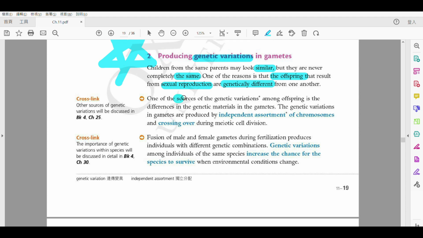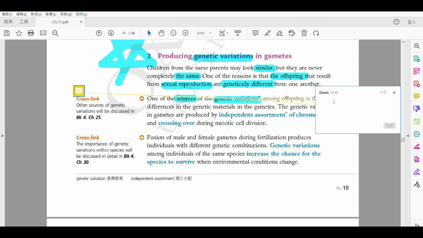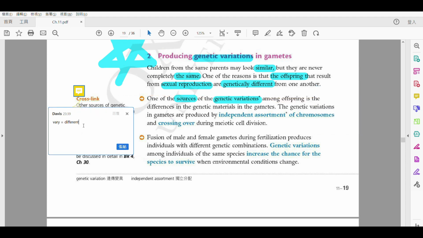OK, 好啦，咁然後啦, we are going to talk about the sources. 自己寫多一次先, sources 即係代表來源啦。Sources of genetic variation, that's what you need to know, 即係代表佢哋嘅變異、遺傳變異, genetic variation. Variation, you should know this word already because vary means different. We learned this word earlier. So variation is just the noun of vary. 得唔得？Okay.